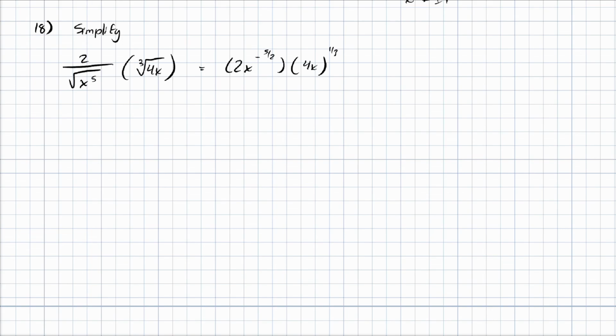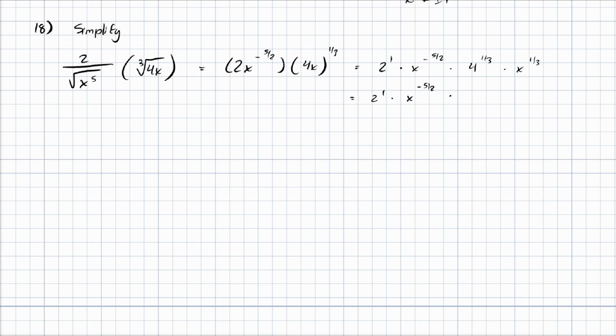Right, now from here, I'm going to split the 4 into 2 squared. So I have 2 to the 1, and you can see my thought process here. x to the negative 5/2 times 4 to the 1/3 times x to the 1/3. Now from here, I'm not going to combine quite yet.